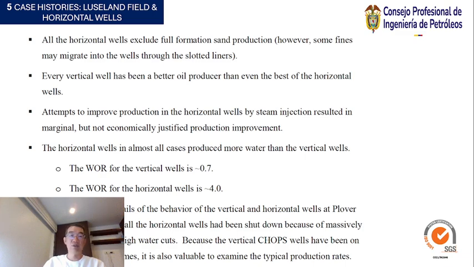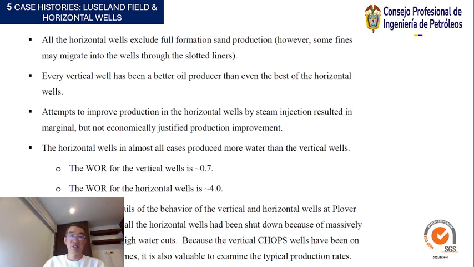The WOR for the vertical wells is about 0.7. The WOR for the horizontal wells is about 4. Table 5.4 contains further detail of the behavior of the vertical and horizontal wells at Plover Lake.